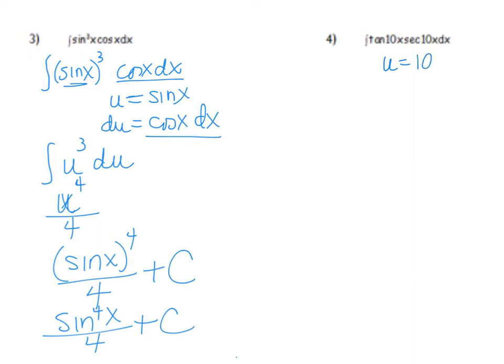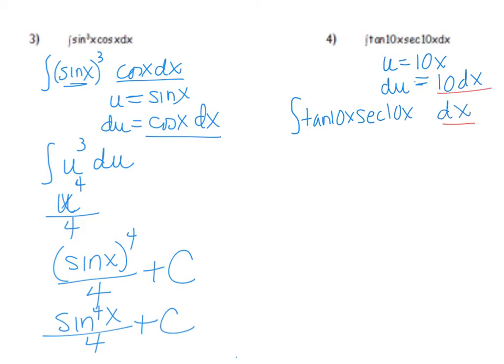So u is equal to 10x. du is equal to 10 dx. And I'm going to rewrite this. So I have tangent 10x secant 10x and then dx. So I'm really close. I have the x, but I don't have the 10. So I'm going to add the 10 and the 1/10.